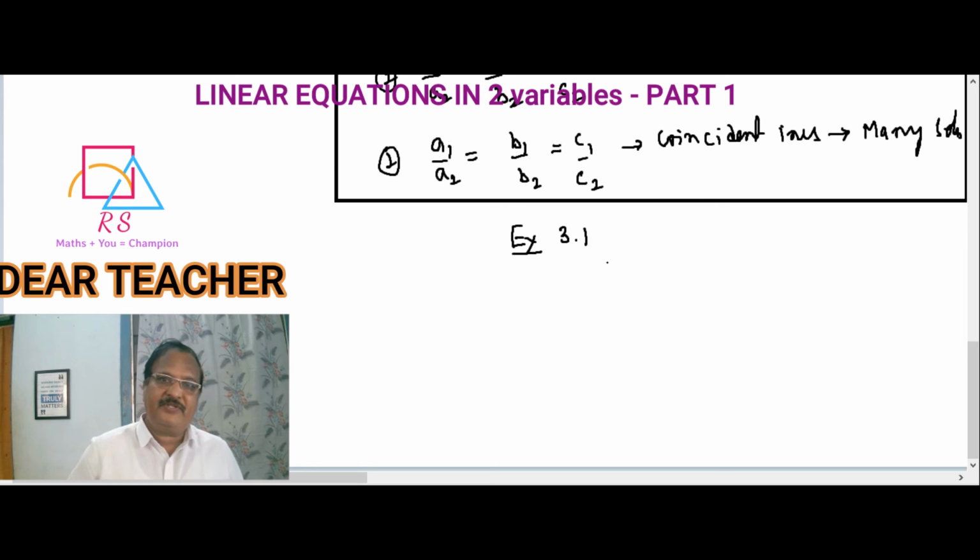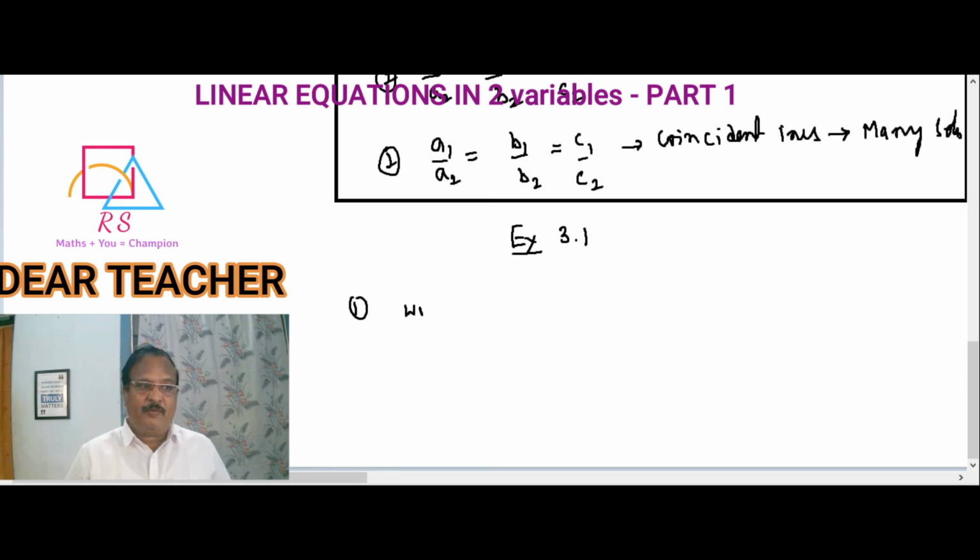These 7 questions are applications of the concepts we have learned till now. First question, question number 1. From the pair of linear equations in the following problem, find their solutions graphically. You have to find the solution graphically.